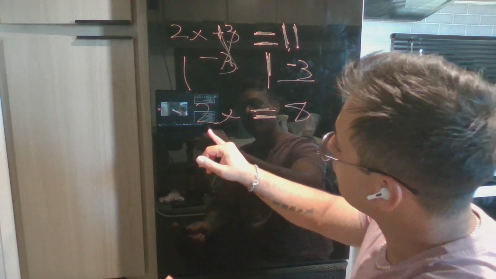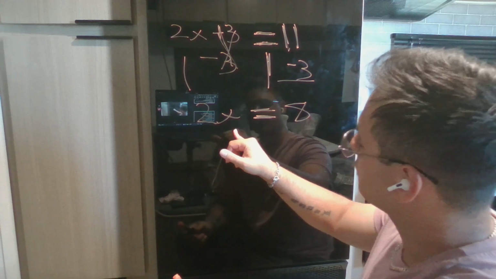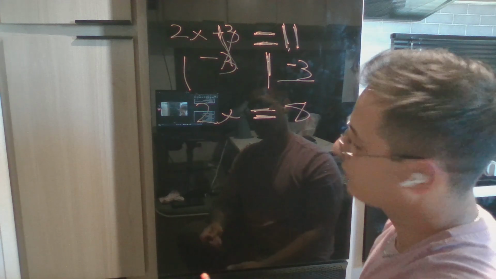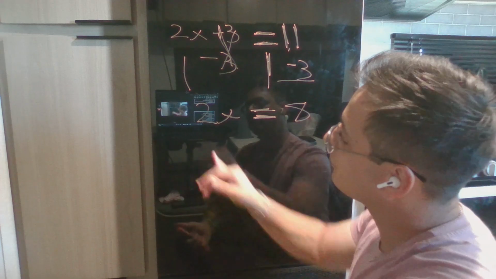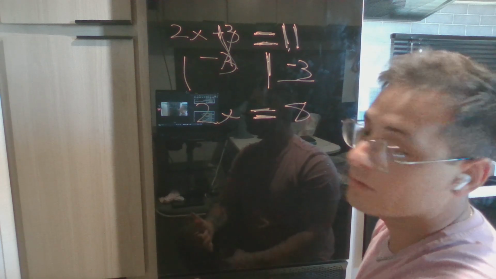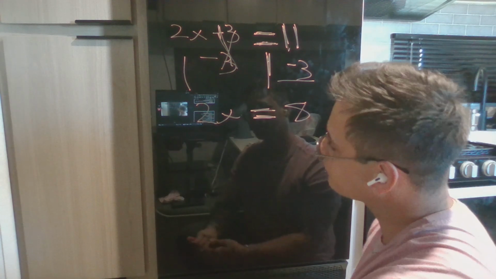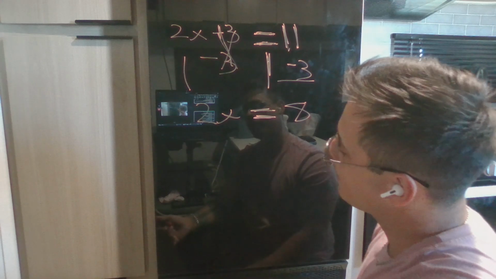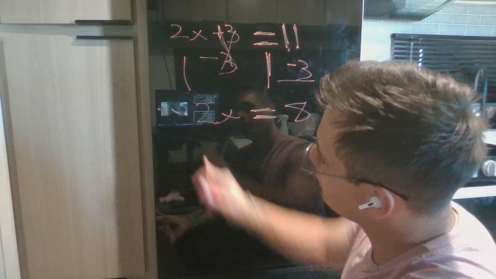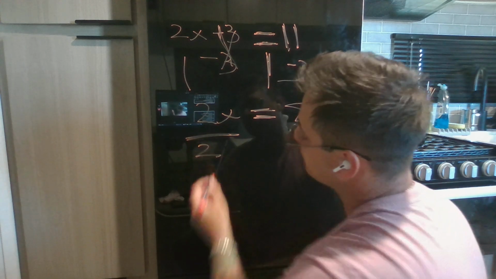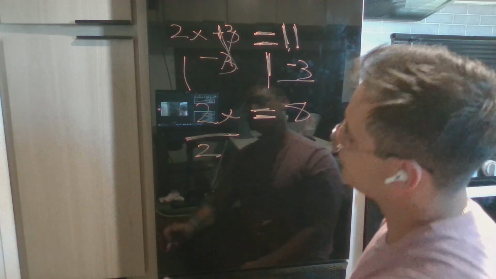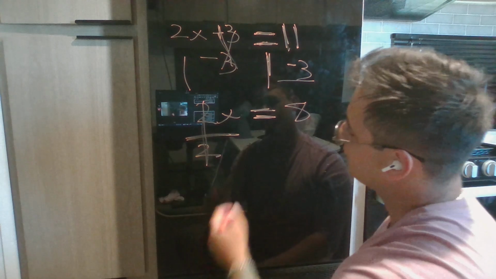Now the only thing we have left here is 2 times x equals 8. So we want to get rid of this 2x. Now how do we get rid of 2 times x? You have to divide to get this x by itself. So x is being multiplied by 2, so we can take 2x and divide it by 2. 2x divided by 2, these 2s cancel out.